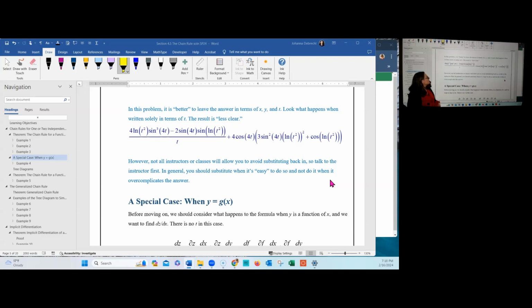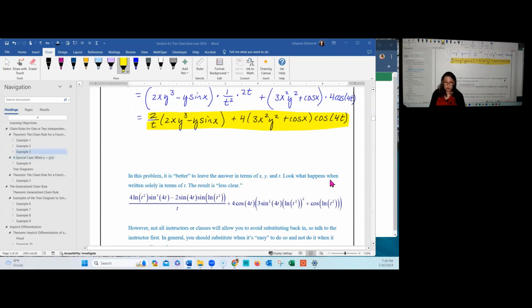We have 1 over t times the quantity 4 natural log of t squared sine cubed of 4t minus 2 sine of 4t sine of the natural log of t squared, then plus 4 cosine of 4t times the quantity 3 sine squared of 4t times the square of the natural log of t squared plus cosine of the natural log of t squared, which seems more confusing and less clear than if we had left it in the form that you see up above.